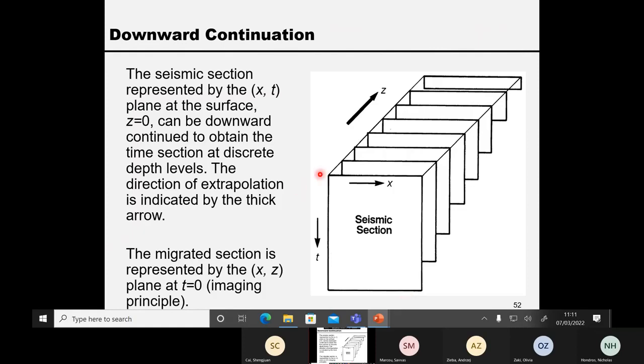So if we go downward by delta z, the next profile has the same x, but the z, t direction will be shorter because you already moved downward. So the second profile is by downward, and the time axis becomes shorter, because your receiver surface is not on the true surface, it's actually below the true surface, right?